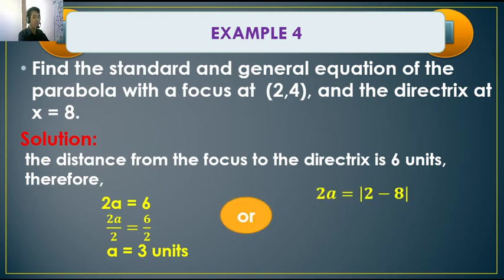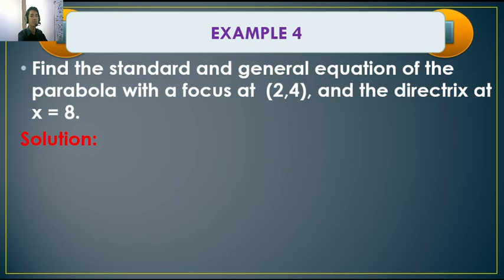Or by getting 2a is equal to the absolute value of 2 minus 8, so 2a is equal to the absolute value of negative 6, 2a is equal to 6, divided by 2, a is now equal to 3 units. Okay, so that is the distance from vertex to focus, 3 units, and vertex to the directrix, that's also 3 units.